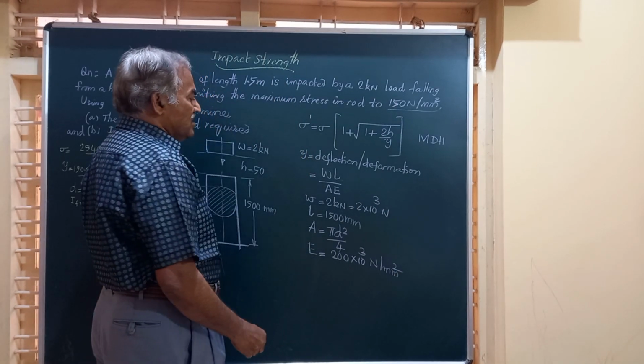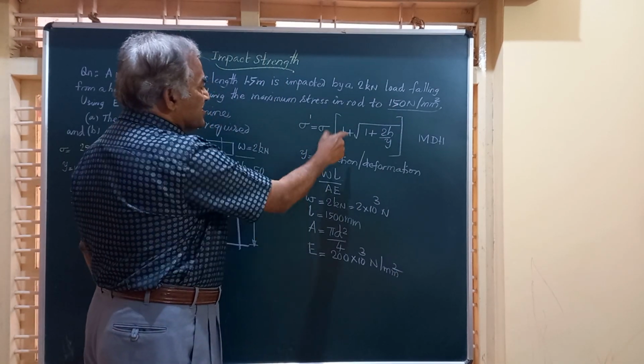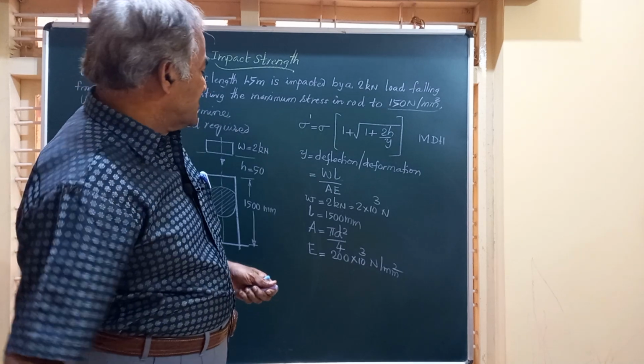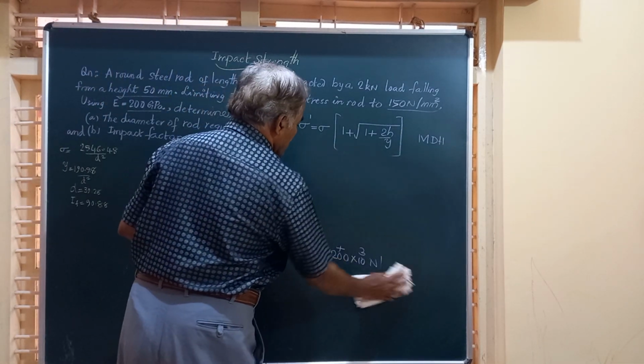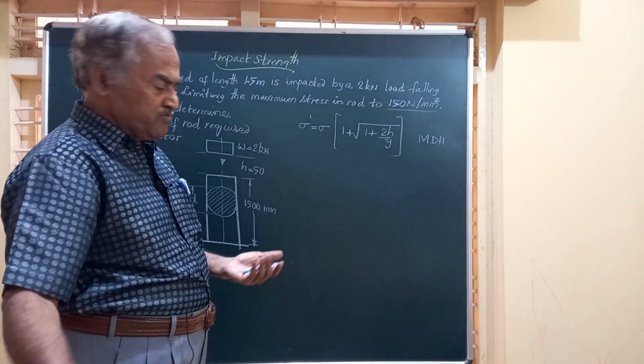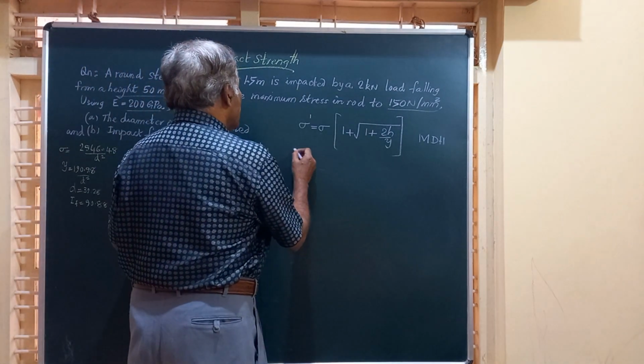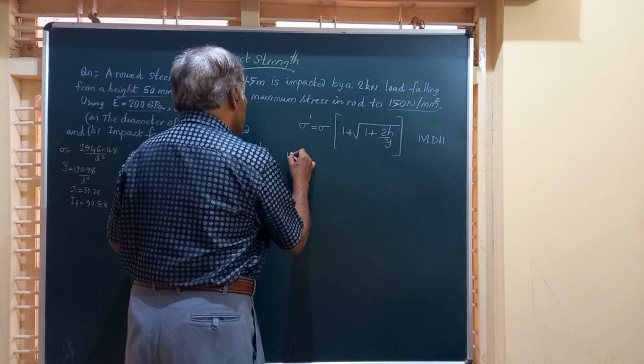Friends, we know all these values, but let's substitute in the formula and see what we get. On substitution in the formula, we write sigma dash is given to be 150.